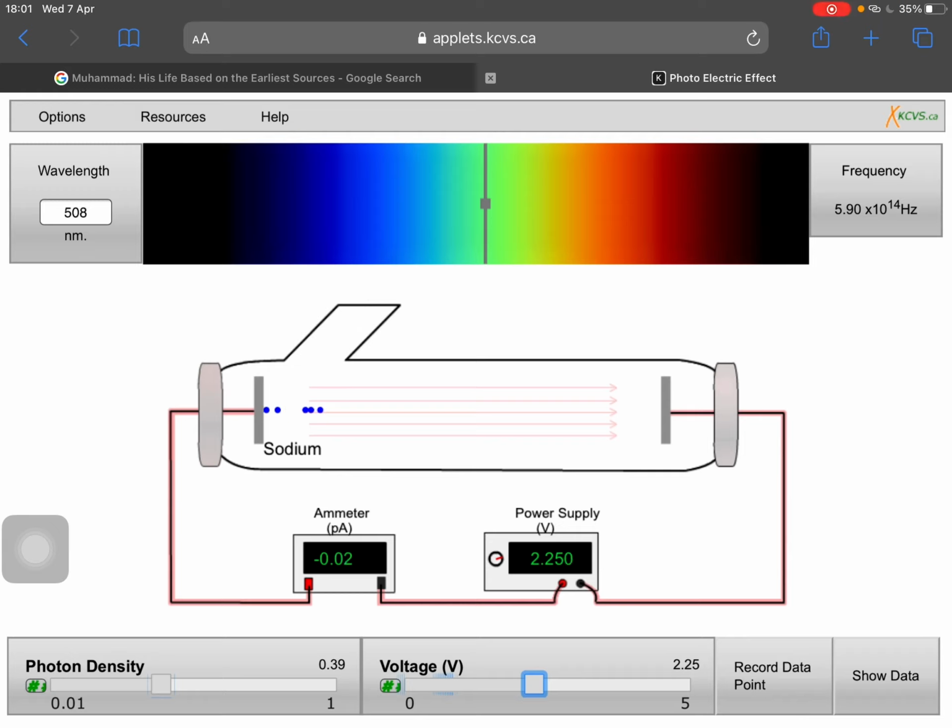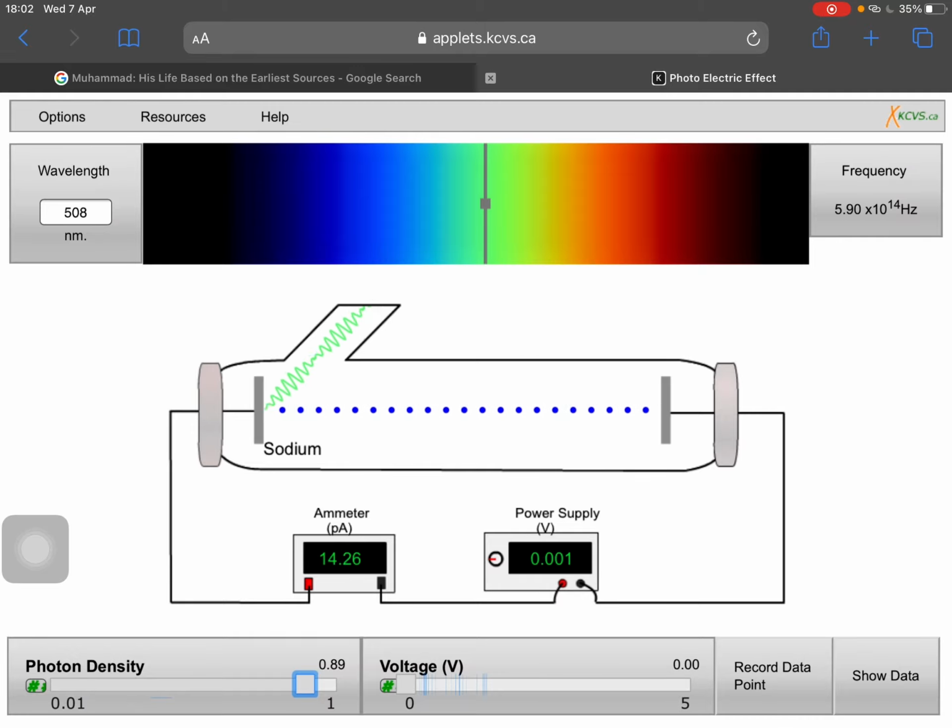So this one is so that we can measure the kinetic energy. And dekat sini photon density ni adalah tahap berapa banyak dia akan release photon. Maksudnya lebih tinggi photon density, lebih banyaklah photon yang dikeluarkan. Okay, so this one is just to get the idea of the experiment.